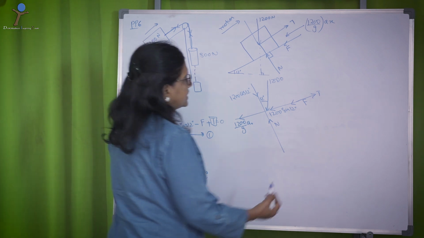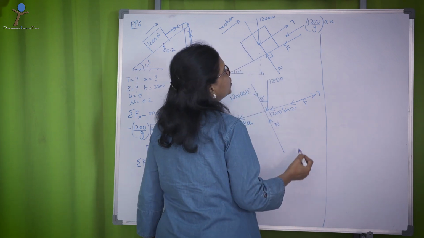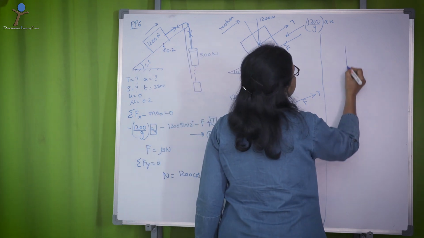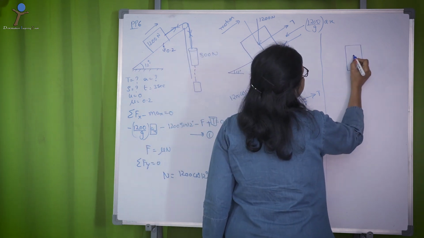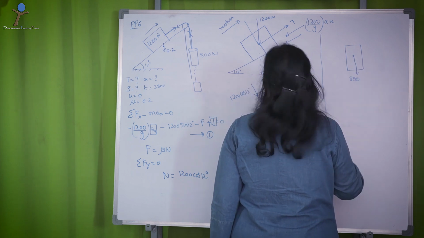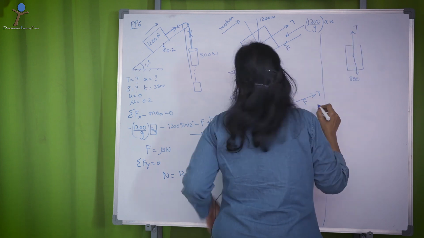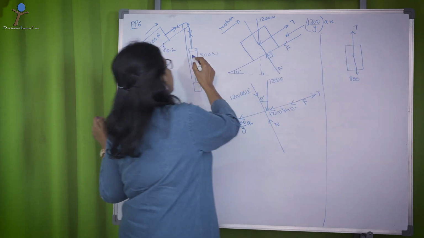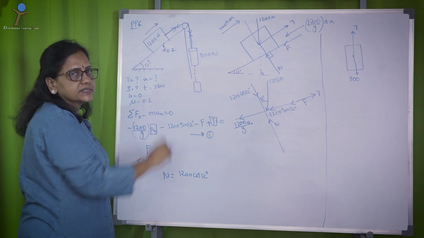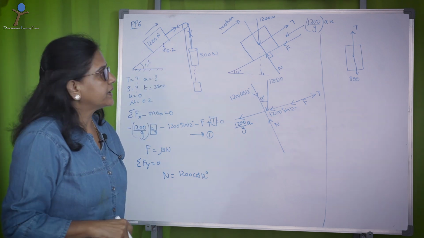The next thing is, go to the body number 2, 800 newtons. This 800 newton has a weight acting downwards and there is a tension in the string. Since the weight is not in contact with any surface, frictional resistance does not act on the body.